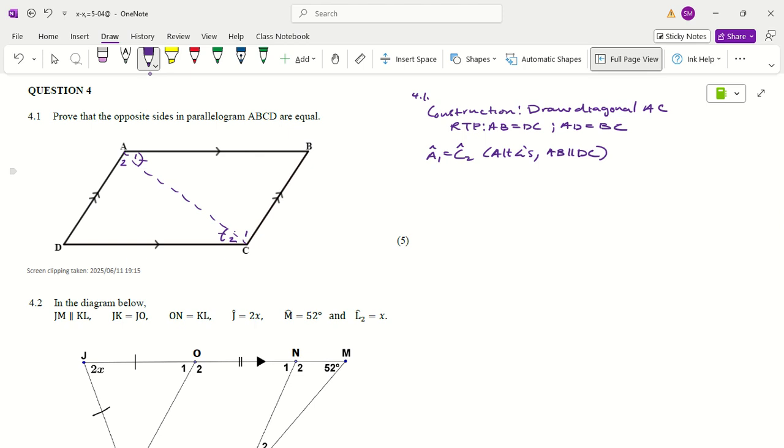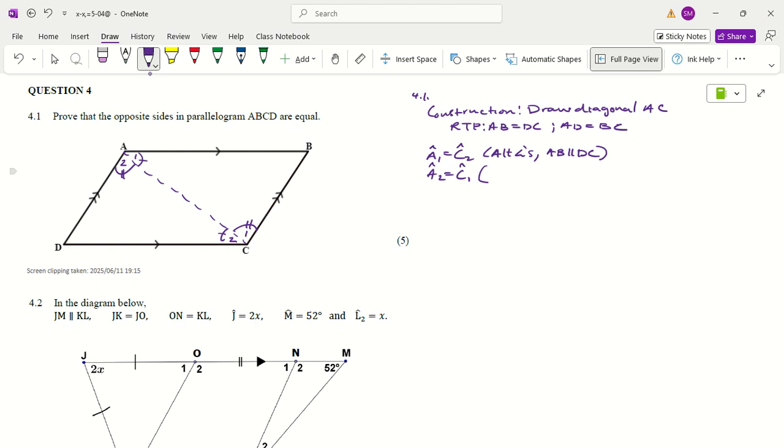And then another thing is that the angle A2 is equal to this angle here, which is C1. So the angle A2 is equal to C1.